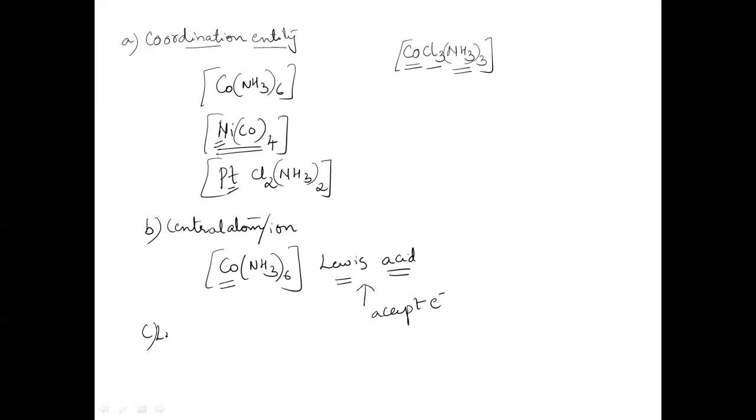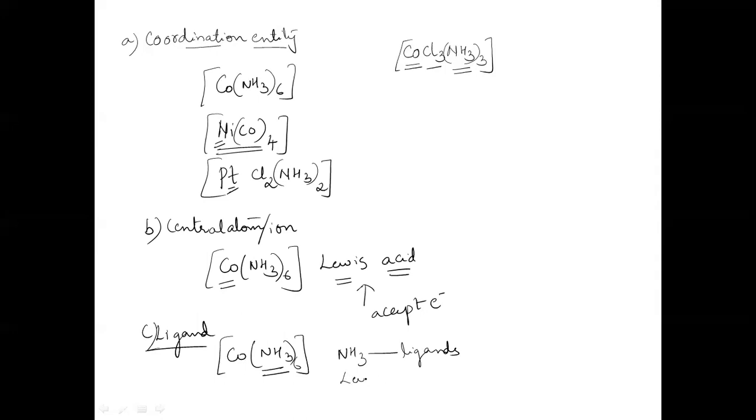Next one is the ligand. If I take the same example, here the central atom is surrounded by a fixed number of ions, neutral or negative. In this case, it is ammonia, which is neutral, and this is called a ligand. So there are 6 ligands surrounding this central cobalt atom, and this is a neutral molecule which can donate electrons towards the central atom.